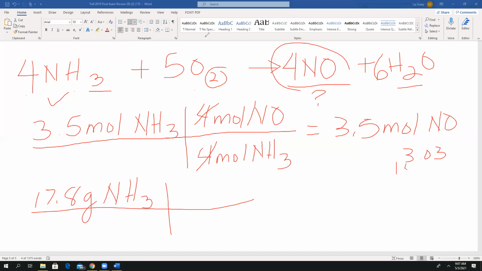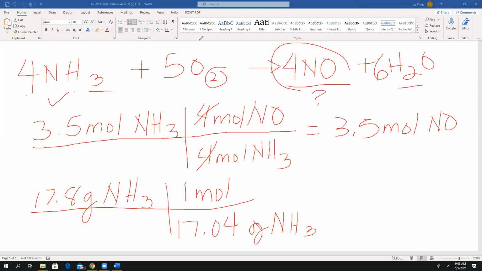And nitrogen is 14.01, so 17.04, right? That's grams for 1 mole of ammonia.